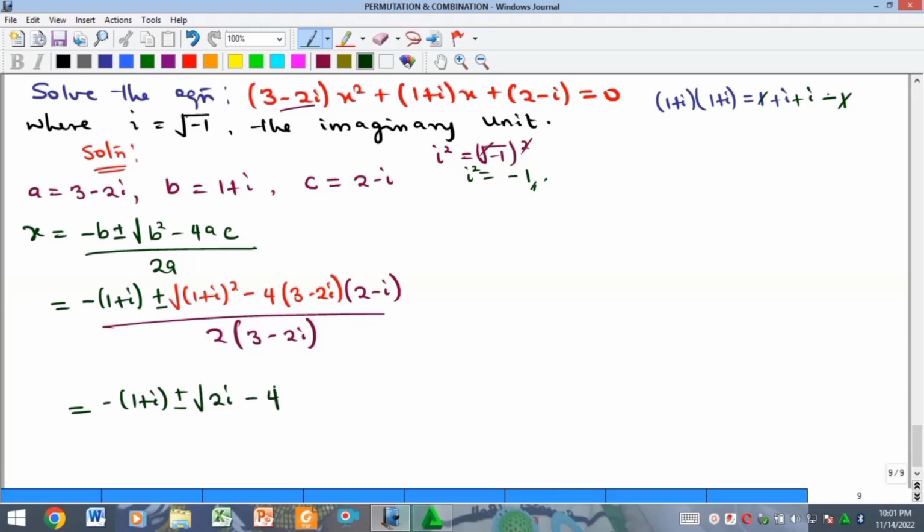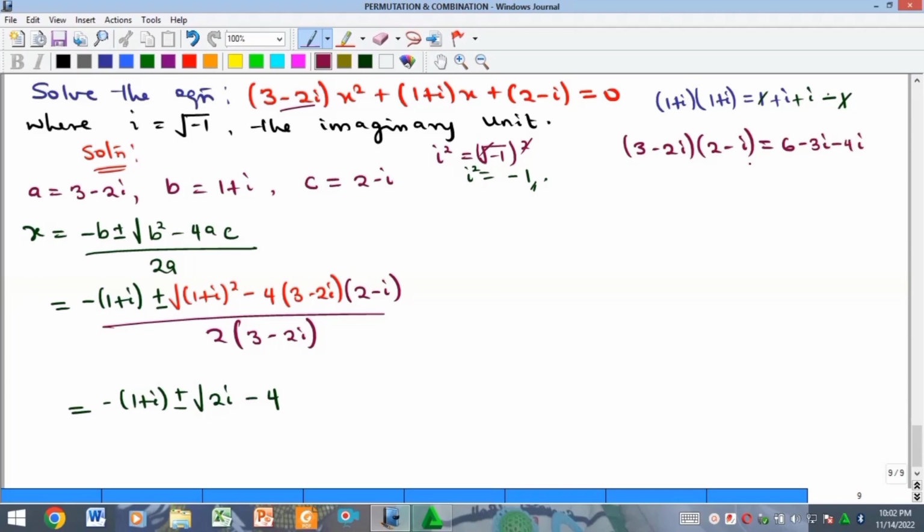So we're going to expand these two brackets now: 3 minus 2i multiplied by 2 minus i. 3 times 2 gives us 6. 3 times minus i is minus 3i. Minus 2i times 2 is minus 4i.